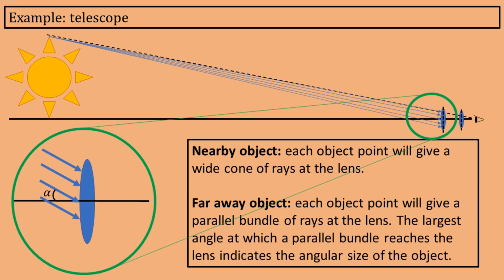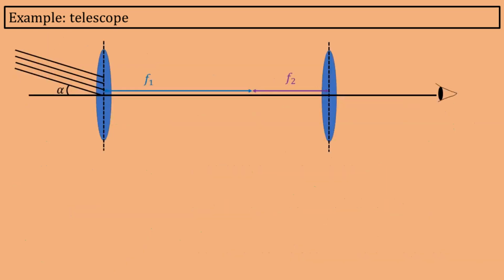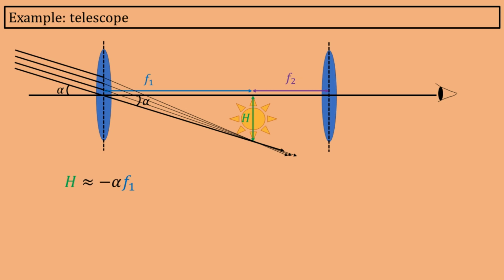So, to calculate the angular magnification of a telescope, let's consider an incoming parallel bundle of rays at an angle alpha. These rays will converge in the focal plane at a height H approximately equal to minus alpha times f1, where f1 is the focal length of the first lens. The second lens, with focal length f2, is placed such that the intermediate image lies in its front focal plane, so that the second lens acts as a magnifying glass we've discussed previously.